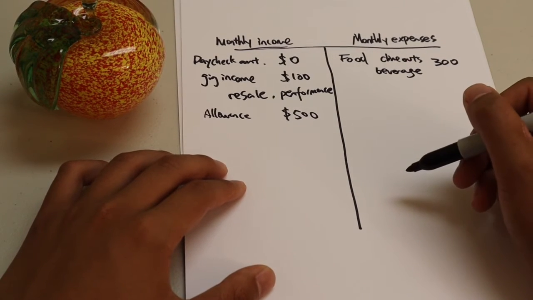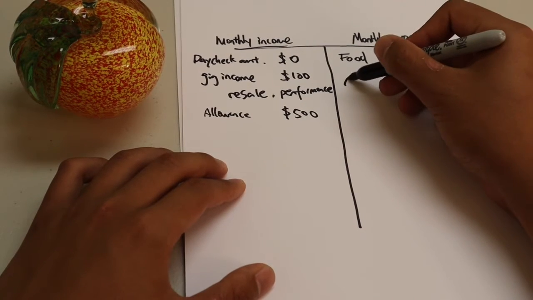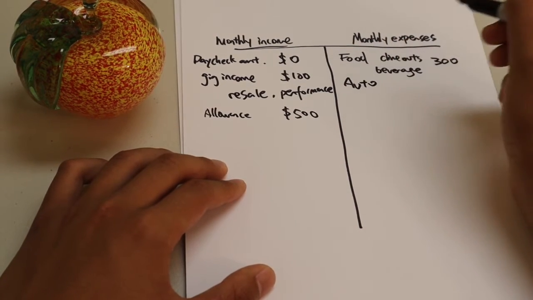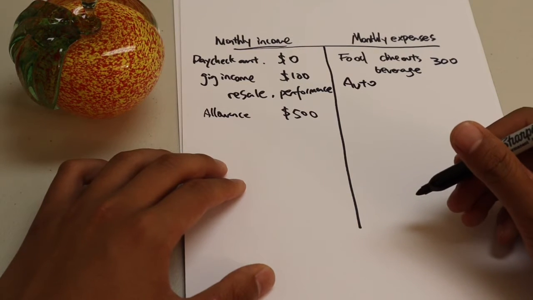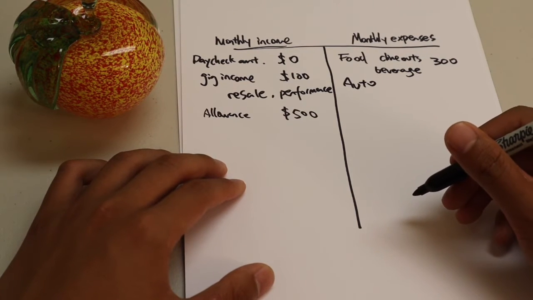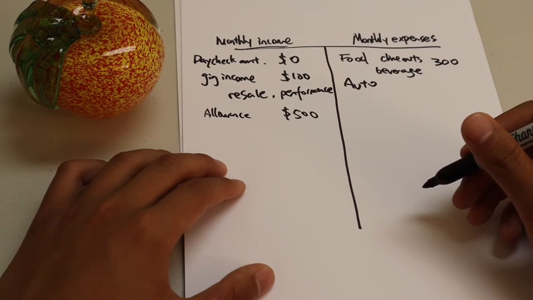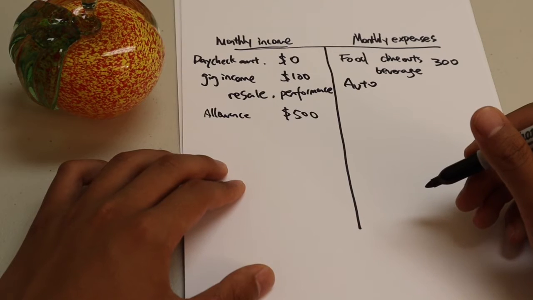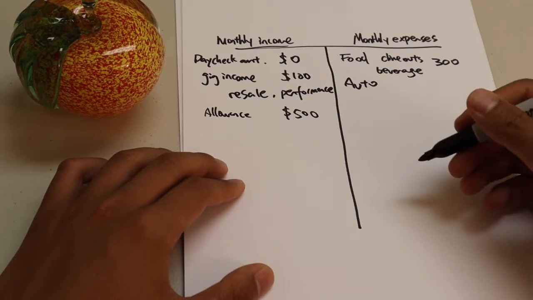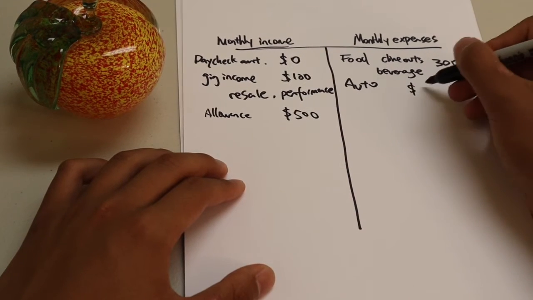The next big expense will be auto, and that includes your car loan monthly payment, vehicle maintenance costs, and insurance costs, plus gas. Write down your monthly estimated number for this one. I don't own a car yet, so I have 0 for this one.